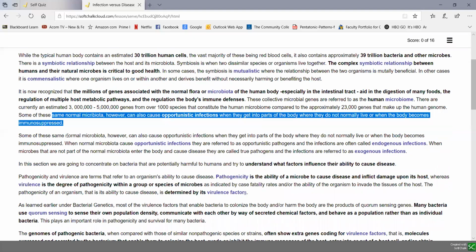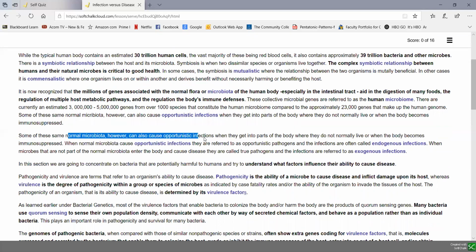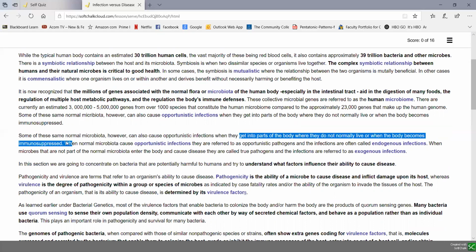They're harmful only when given the opportunity, such as getting into the parts of the body where they don't normally live. For example, fecal bacteria getting into our urinary tract, causing urinary tract infections, or when the body becomes immunosuppressed and the microbiota can then overgrow and become harmful.